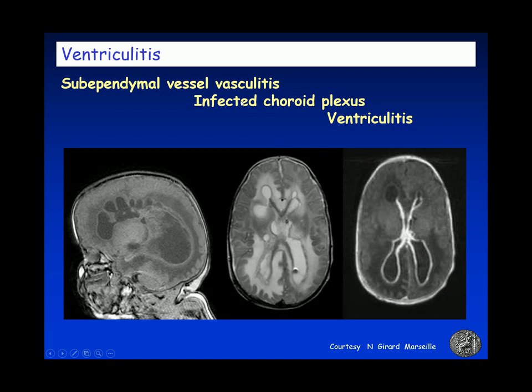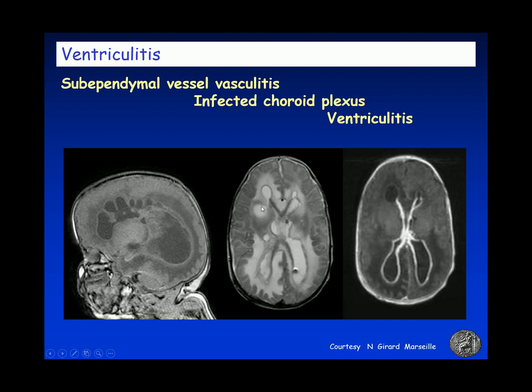And here the impressive images. You see that there is edema around the ventricles. This is not unmyelinated white matter. You see this dark thickening of the wall of the lateral ventricles. You see cyst formation, liquefied areas into the brain.